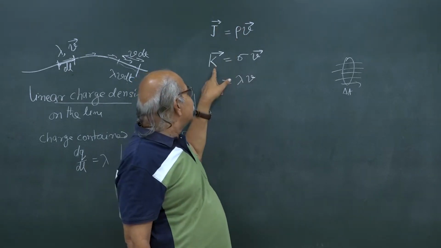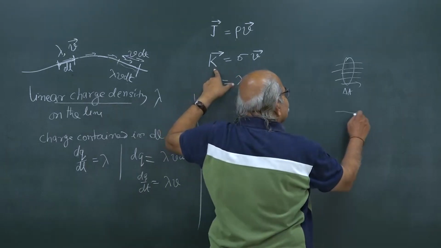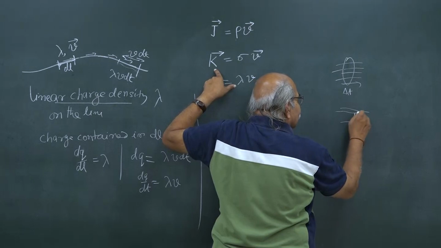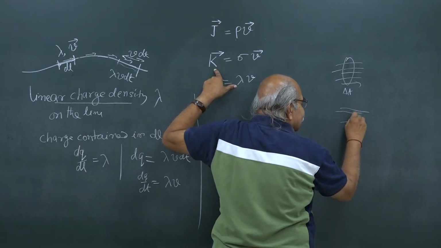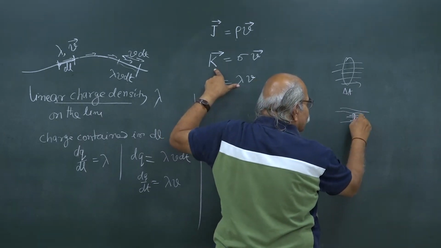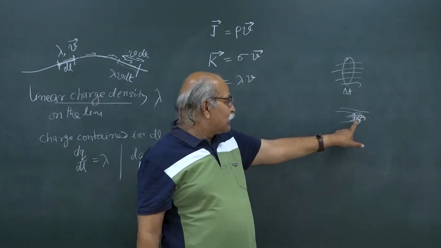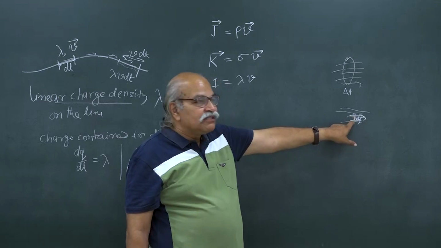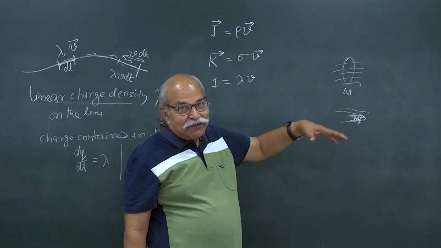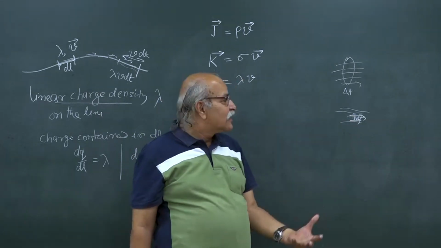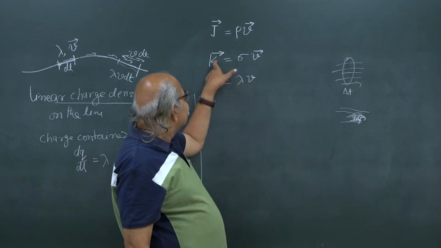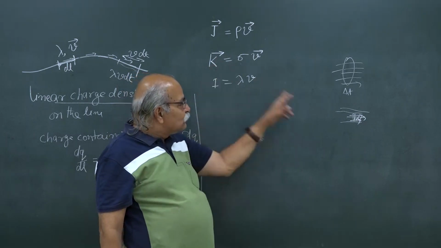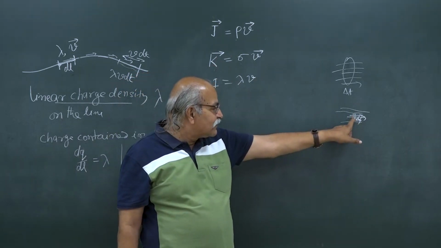Then for surface current density, the things were going on a surface, but we took a length dl and asked how much charge is crossing this length dl per unit time, and then we divided by that length, so it becomes per unit length, and therefore we defined K, the surface current density, as current through this line divided by this line.